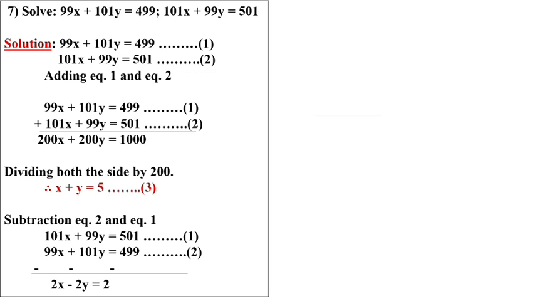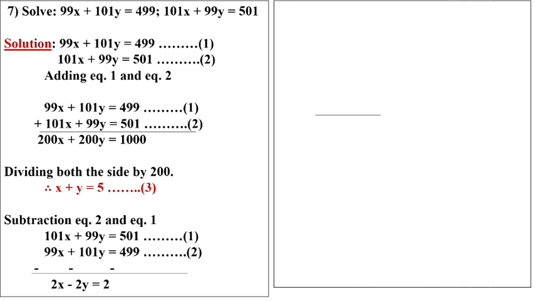So 2x minus 2y equal to 2. Dividing both sides by 2, we get x minus y equal to 1. That is equation number 4.